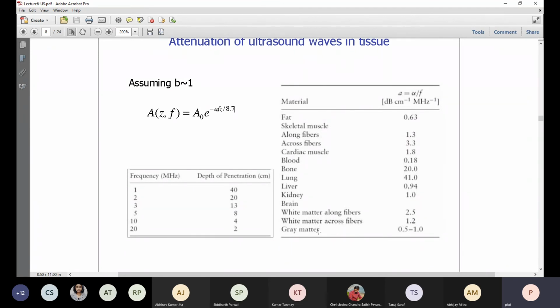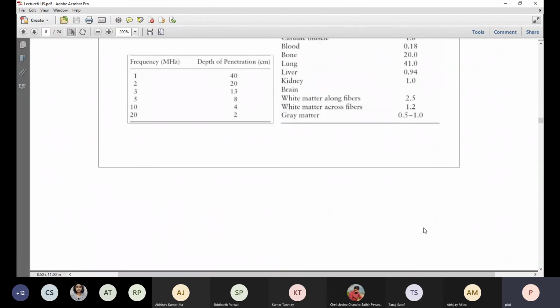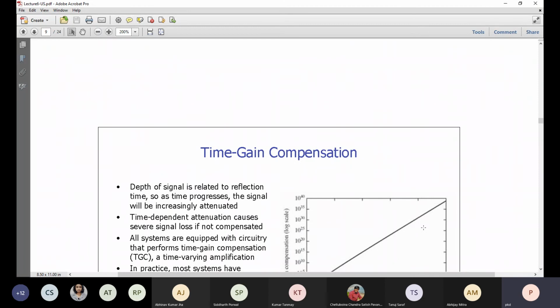Similarly, in the brain, we can see that there is differential attenuation between white matter and grey matter, so that also can be differentiated. However, attenuation profile reconstruction is not as easy as detecting the reflection, that is, acoustic impedance discontinuities.